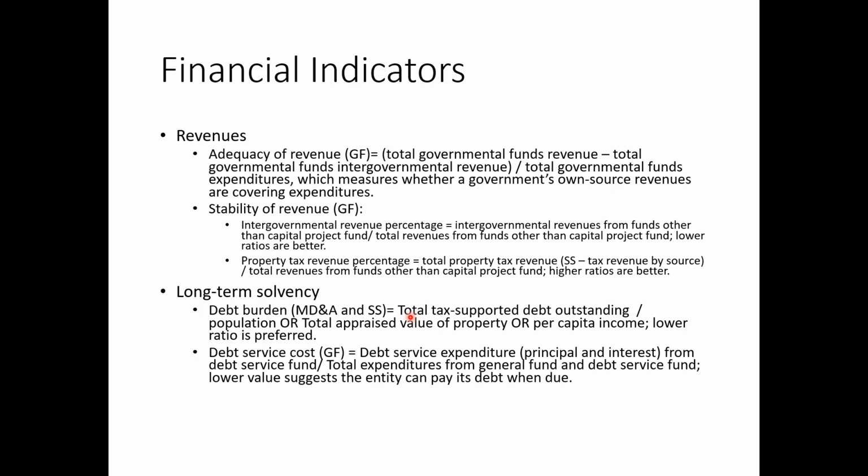Basically, this ratio is total tax supported debt outstanding divided by population, or total tax supported debt outstanding divided by total appraised value of properties, or the same numerator divided by per capita income. All these can be found in the MD&A and statistical section. A low ratio is preferred.